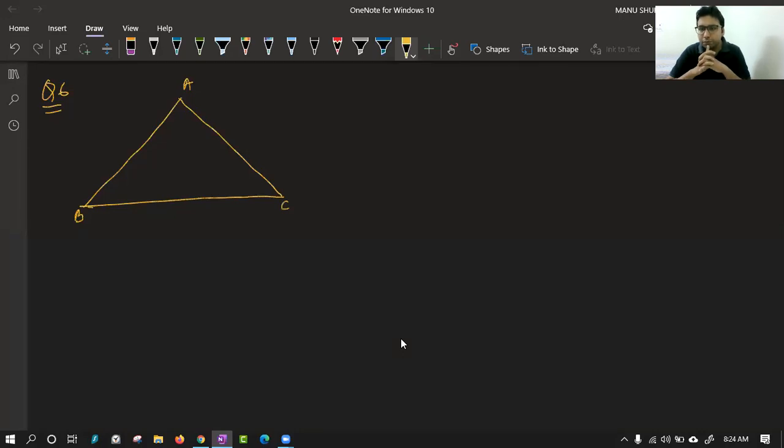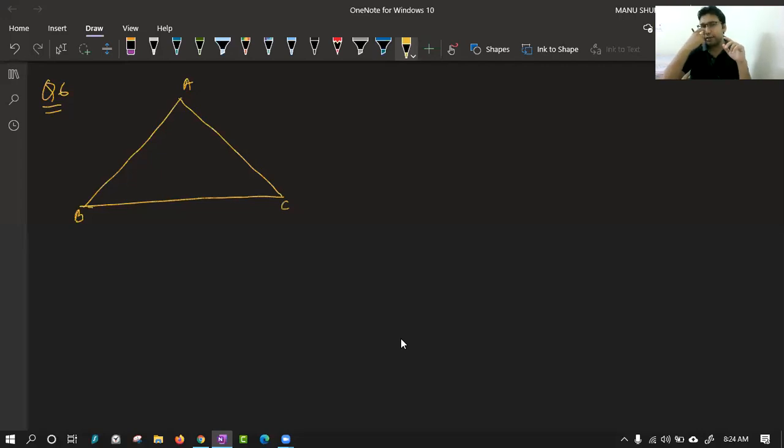What is median? Median is the line... No beta Vaishnav, median is not altitude. That divides the opposite side in 2 equal parts. No beta, Piyush, no. 90 degrees is made by an altitude only, beta.